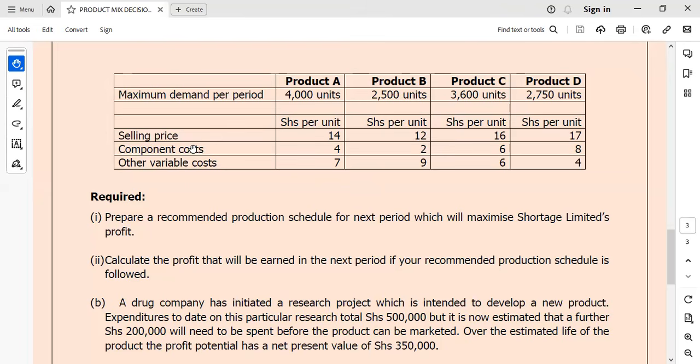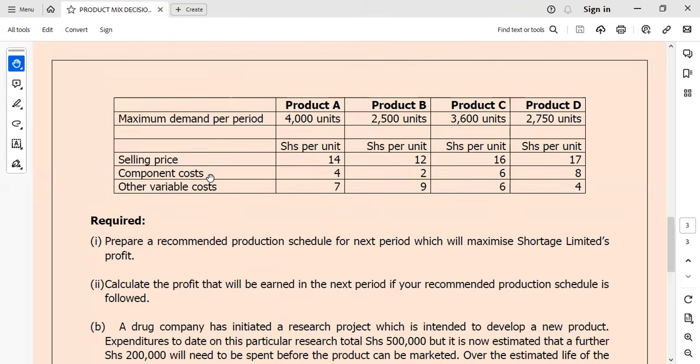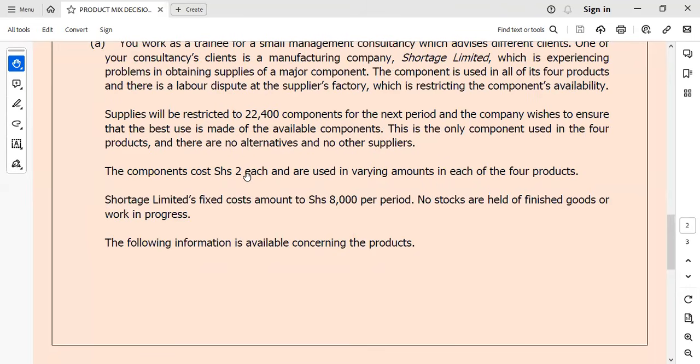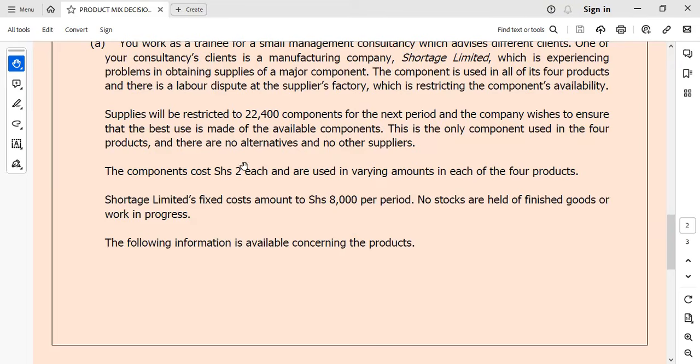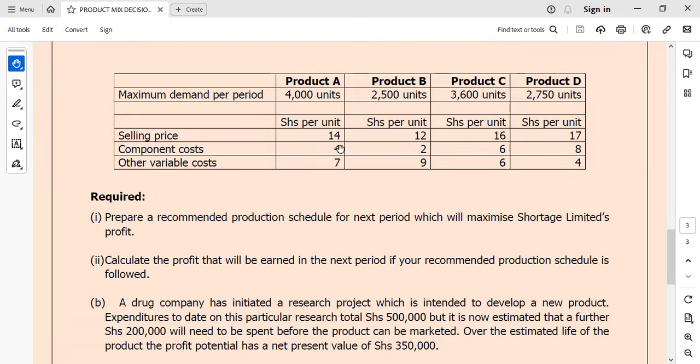But how much is each component? Each component is shillings 2. So for you to get the number of components required per unit, you get the component cost divided by the cost per component, which is shillings 2. So 4 divided by 2, 2 divided by 2, 6 by 2, then 8 by 2, to get the components required to make each unit of the product.